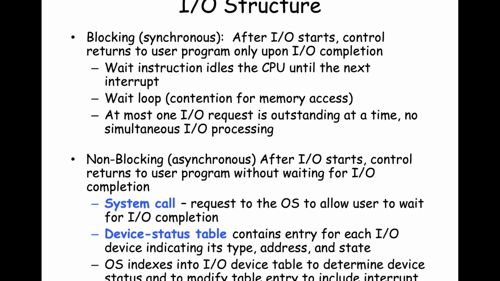Once it has, it then notifies the waiting program. So the operating system in the non-blocking case indexes into the I/O device table to determine the device status and then modifies that table entry to include the interrupt. In this asynchronous I/O, the system call is typically called a select. You're querying the device status table to see if that device is done.